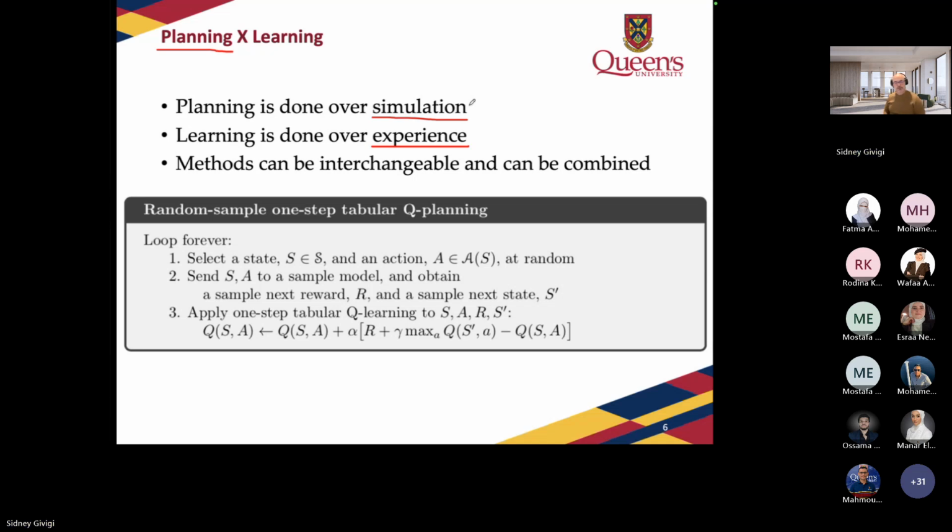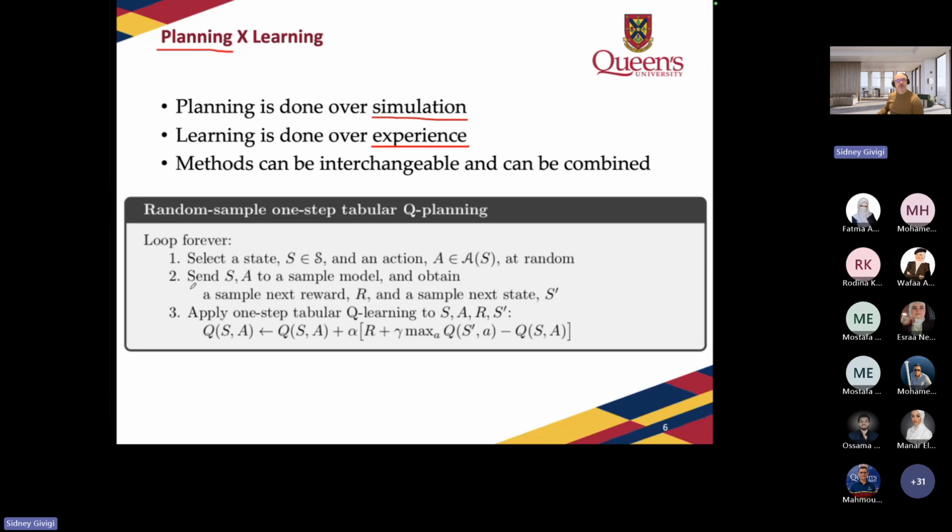Otherwise, you could actually just be hallucinating, to use a term that people use nowadays for this type of behavior. This means that there is a mismatch between your model and the real experience. So you still need real experience to ground your model in reality.